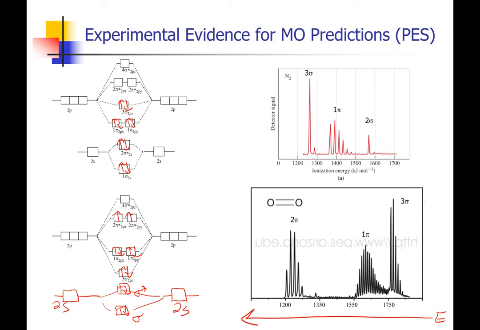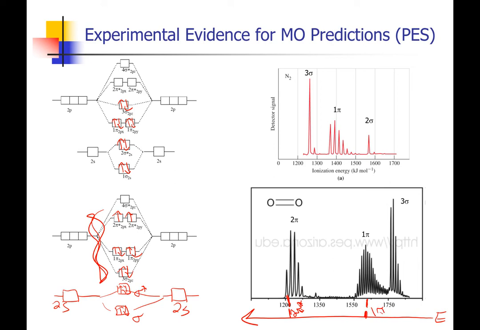So here we see these guys here. They're the ones that I'm going to be redrawing. And you can see that we've got the 2 pi star there, 2 pi star, and there were 2 of them. And then below that, we have the 1 pi, and there were 2 of those.